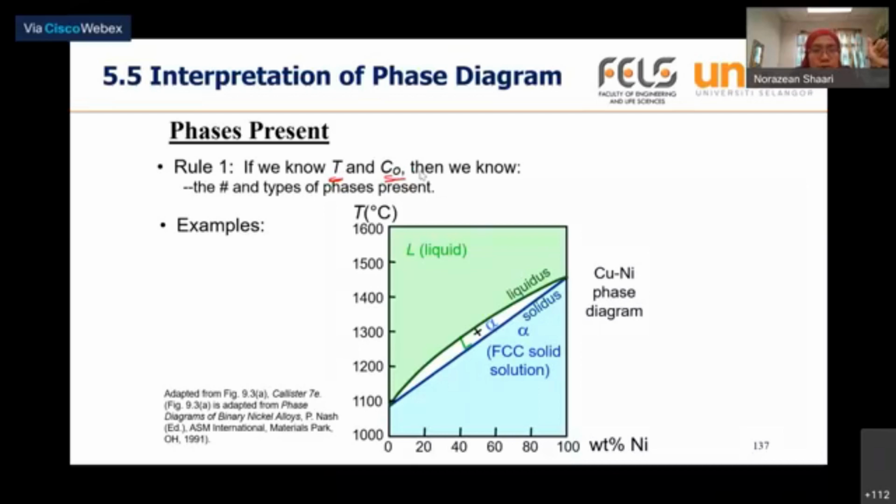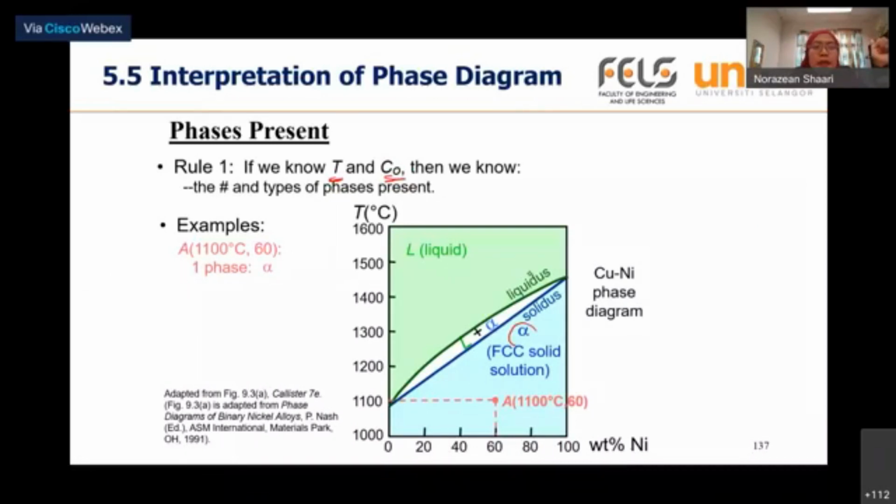So untuk tahu phase present, contoh kalau diberi temperature 1100 dan juga composition 60, then kita boleh dapat phases exist, fasa apa yang ada adalah alpha. Okay, ini alpha.